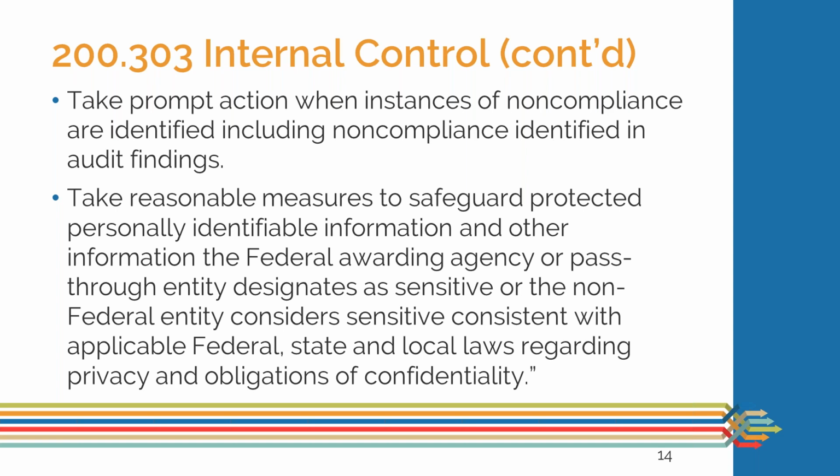And the last thing that you need to do with the internal controls is to safeguard your personally identifiable information. So all your IT information, your Social Security numbers, anything that is very confidential, you need to ensure that you have good safeguards for internal control, that we're taking care of those issues.